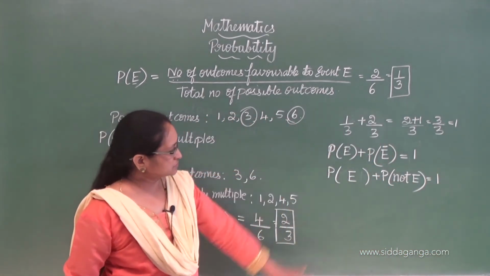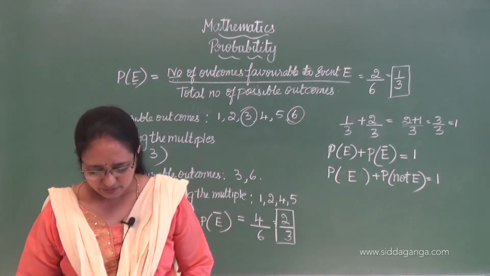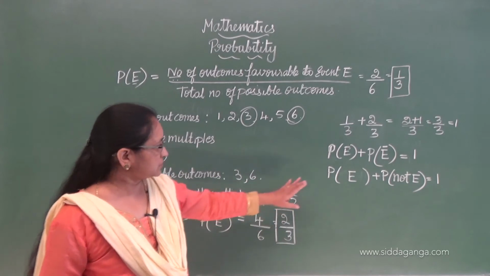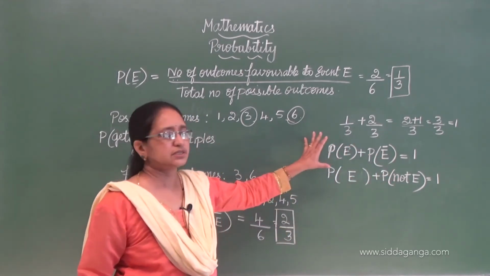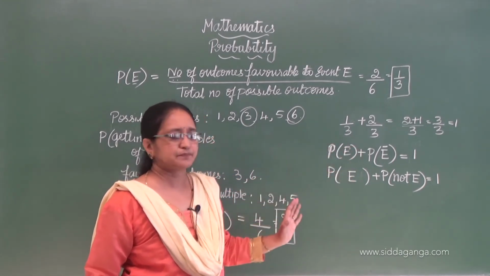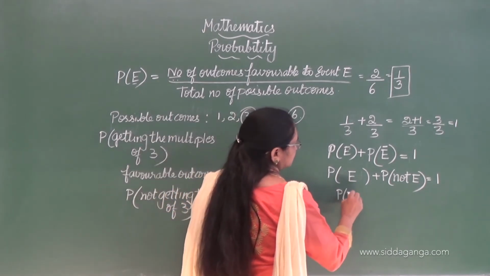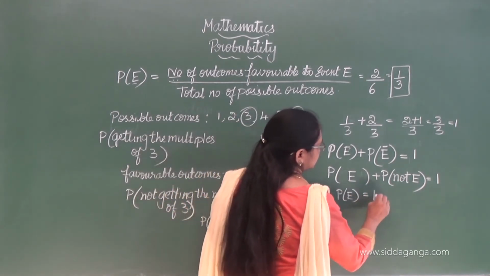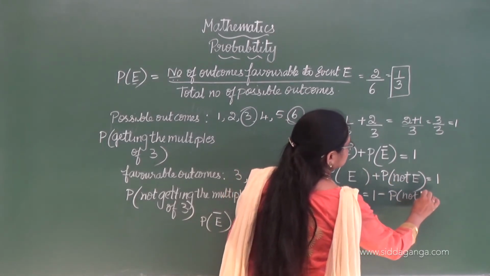These are very important, because few questions are based on this. In the exercise we have few questions based on this formula. If you want to find out P of E, you can find it by using 1 minus P of not E. Please note this.